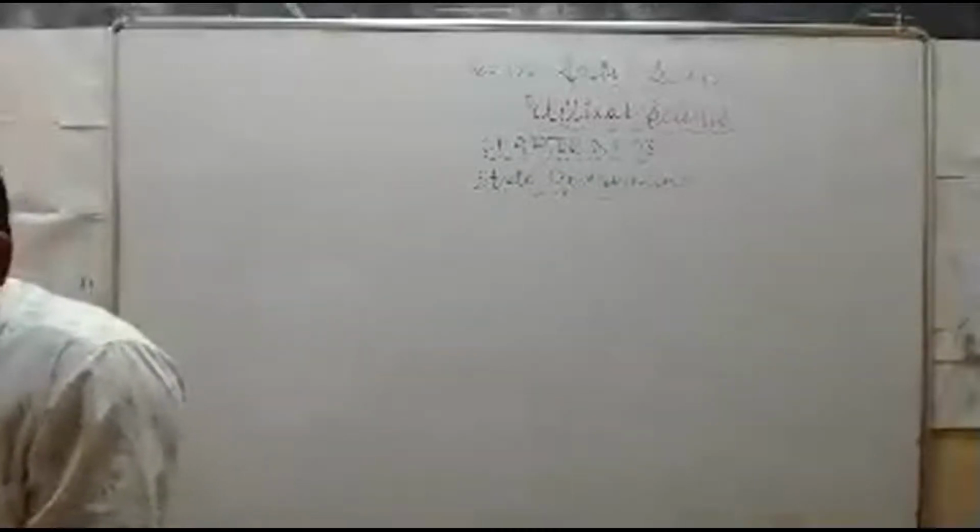Next, the term of office of the governor is 5 years. However, he can continue to occupy the post even after the completion of the term. Sometimes after completion of 5 years also they can continue in their post.